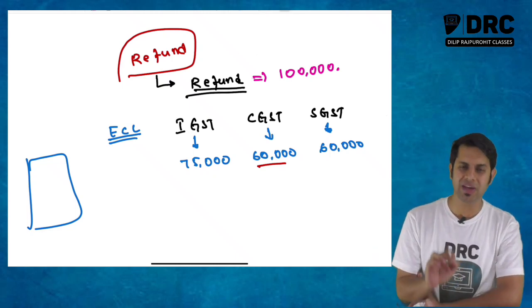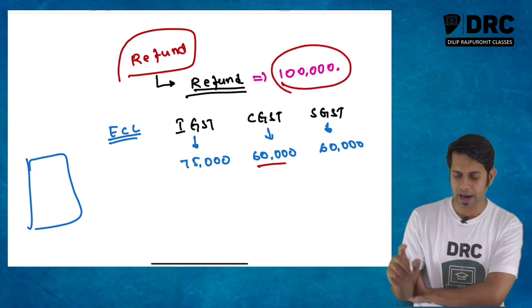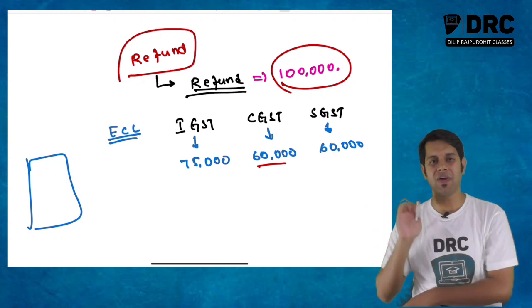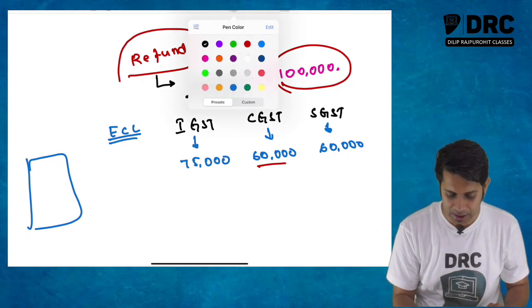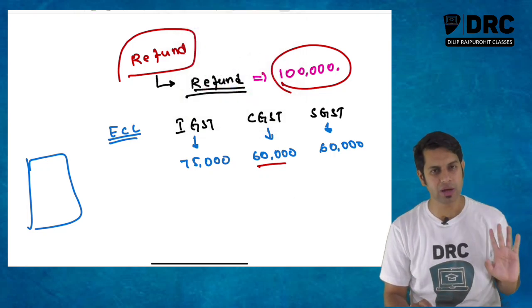Now, they have given a clarification telling that if you are eligible for 1 lakh rupees and you have balance in CGST, SGST and IGST, in such cases refund shall be given in the following manner: in the same manner in which you are taking input tax credit.